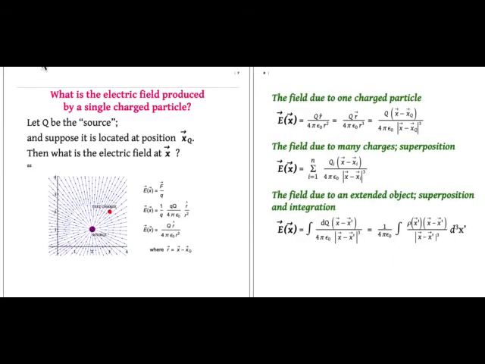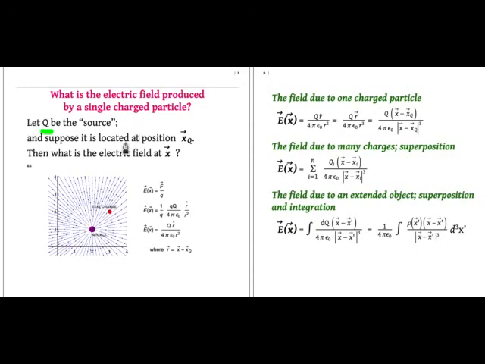Knowing the definition of the electric field, we can address the second question, which is, what is the electric field produced by a source? And let's take the source to be the simplest possible source, a single charged particle. So suppose we have a charged particle Q. Let's keep it simple by saying it's positive.